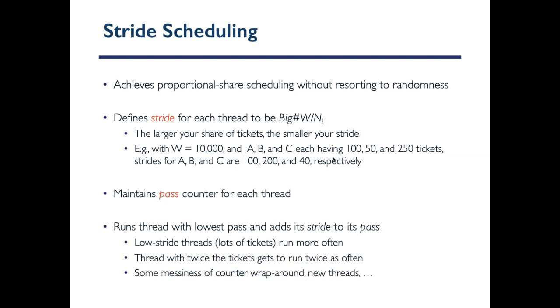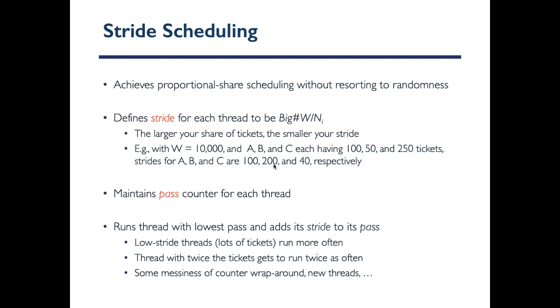If you look at this example, initially everybody's pass is 0. We're going to choose randomly. Let's say we randomly choose B. When we do that, B's pass is going to become 200. We add the stride of B to its pass. Then we want to choose another one. Now we have 2 tasks with pass 0, and B's pass is 200.